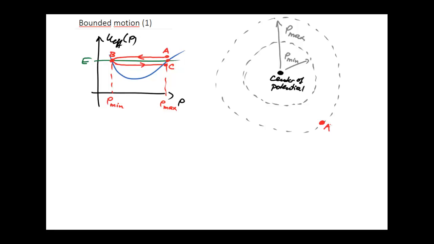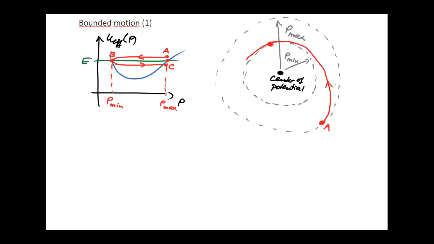Then, according to the picture on the left, the body approaches the center of the potential. We have a non-zero angular momentum, so there's going to be some motion around the center of the potential, until eventually the body reaches a point on the inner circle.